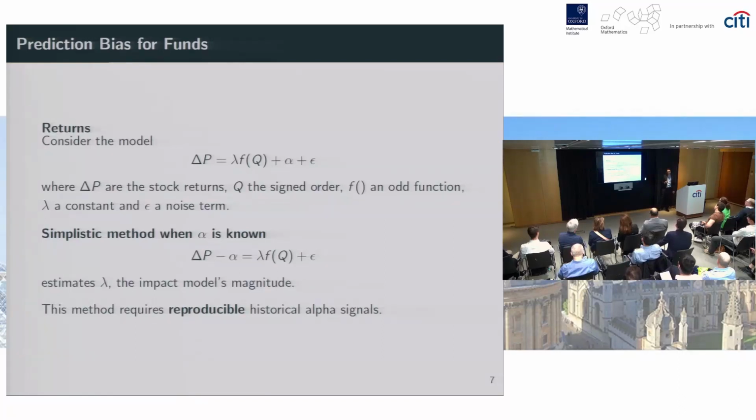But in this case, would you rather use the predicted alpha, or would it be better to first regress the predicted alpha against the whole move, to get an estimate of how much the alpha actually realized, and then subtract that from delta p?